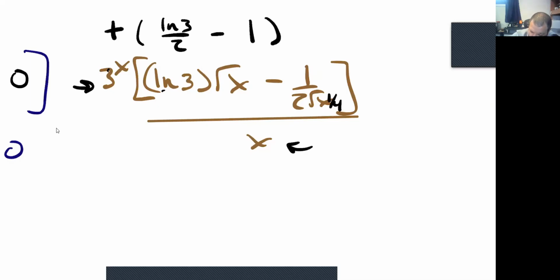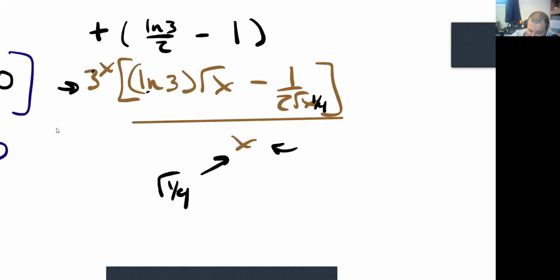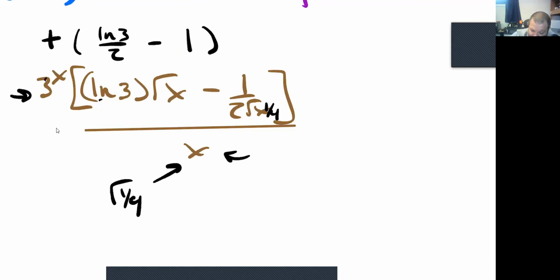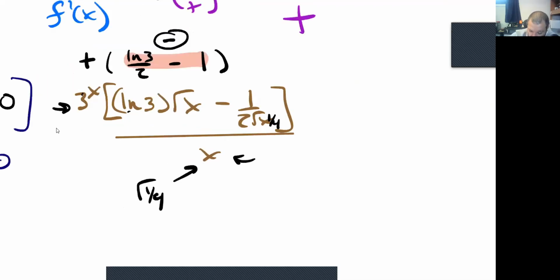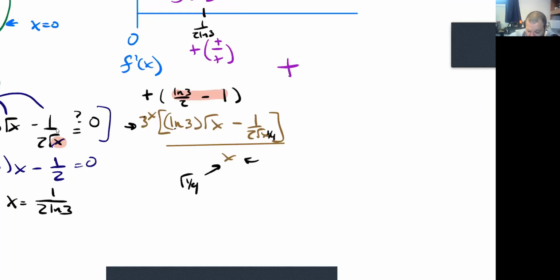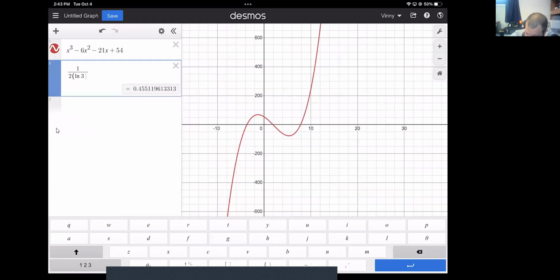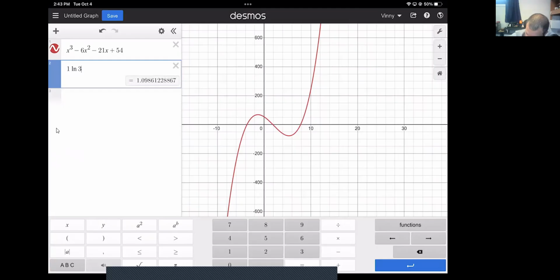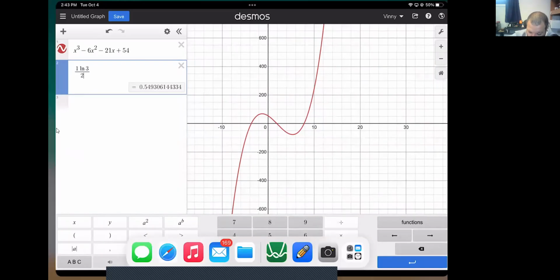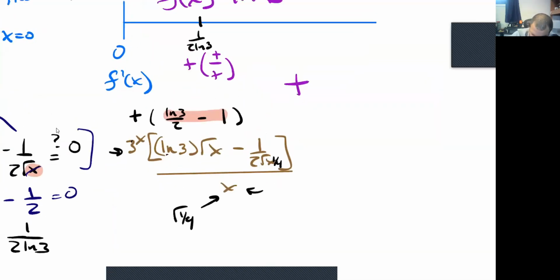So this is minus 1 all over the square root of 1/4, which is positive, right? So I get the natural log of 3 over 2 minus 1. Oh, wait, no, it's going to be less than 1. If we did the natural log of 3 over 2, we're going to get 0.54. 0.54 minus 1 is going to be a negative number. So that means that our second derivative is negative.